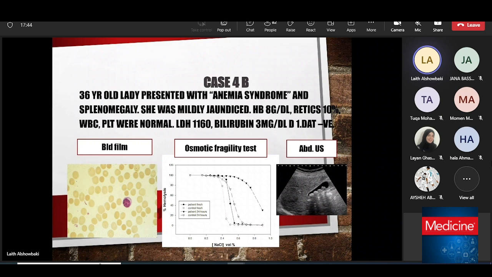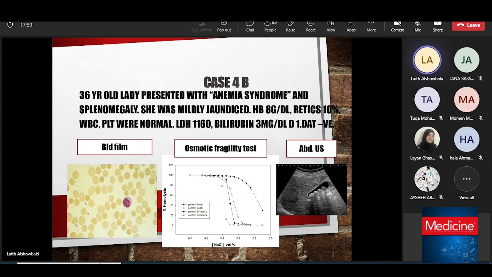You can tell that in hereditary spherocytosis, patients can have more significant hemolysis at a lower differential concentration.